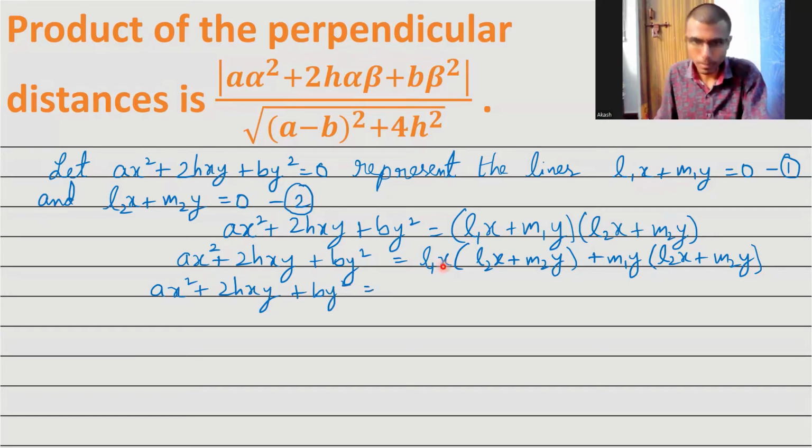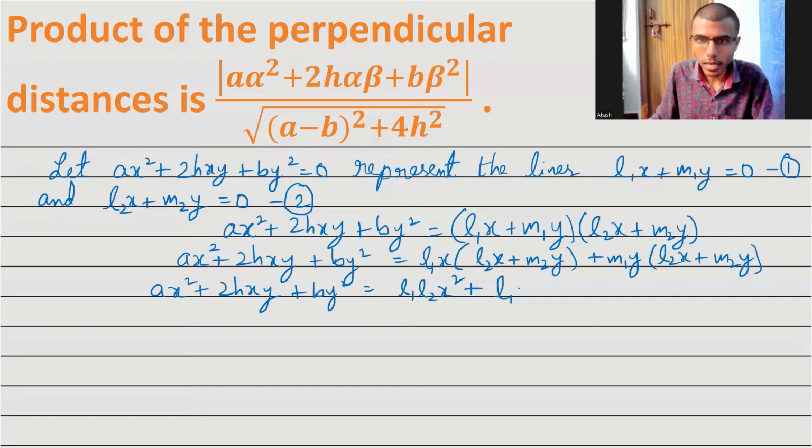Okay. Now this one. L1x into L2x is L1 L2 x square. L1x into M2y is going to be L1 M2 xy. I'm just writing the constants at the beginning. Plus, let's come to the second part. M1y into L2x is nothing but L2 M1 xy.